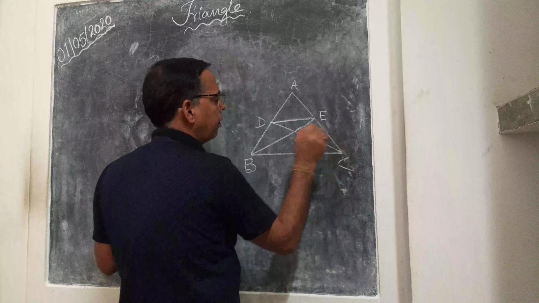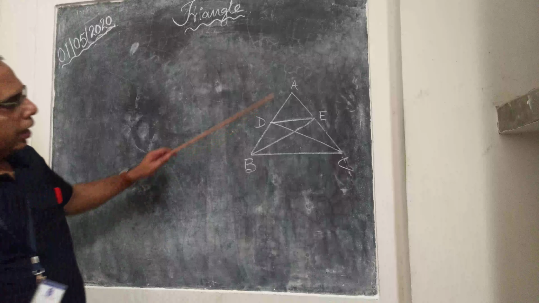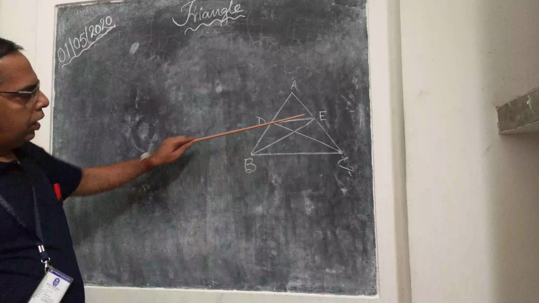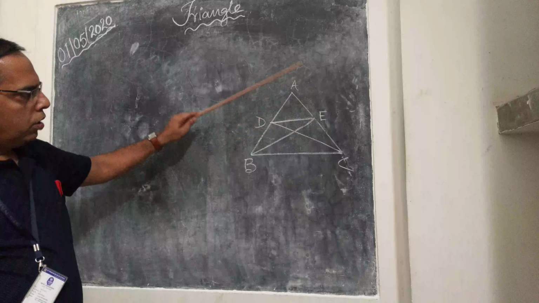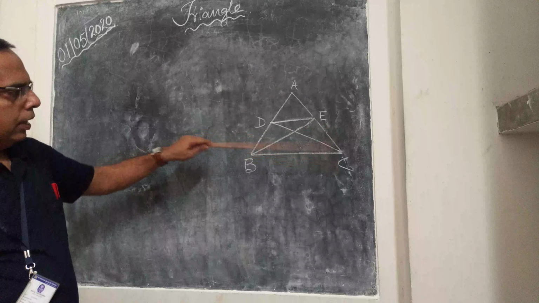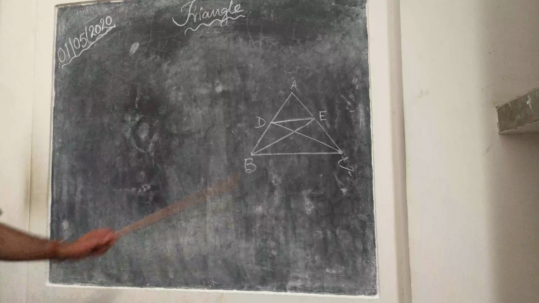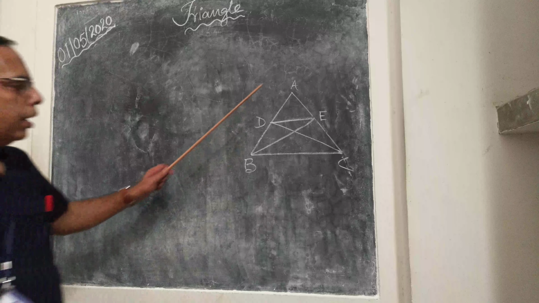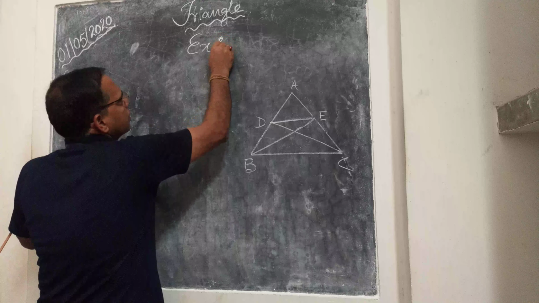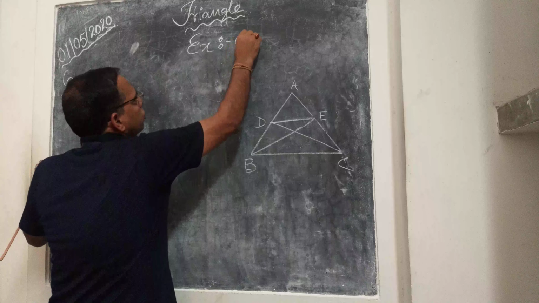Now here you see, triangle ABE is congruent to triangle ACD. Just write down question number 6, exercise 6.3.